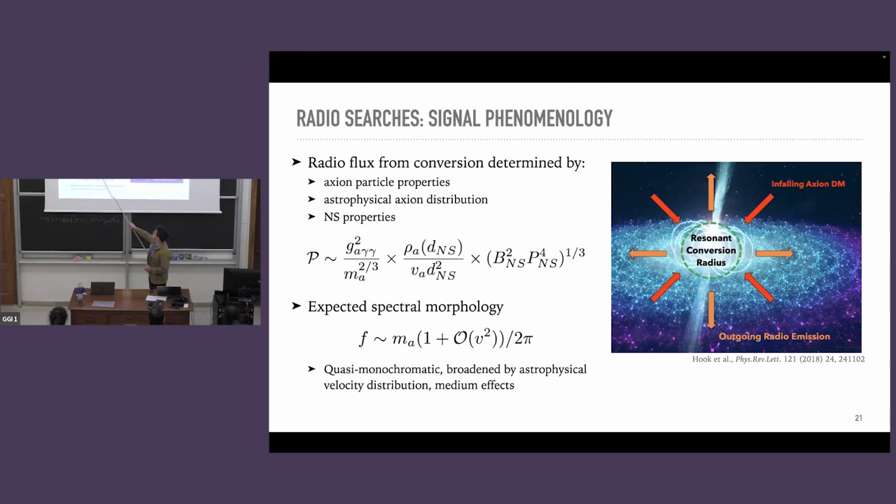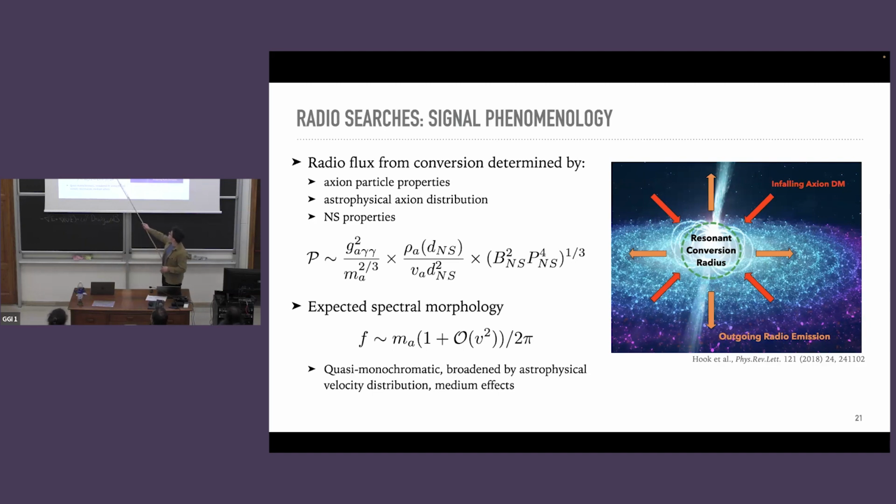I also have some dependence on the astrophysical environment in which this is happening. So of course, I want to convert axion dark matter, and so I'm going to do better at producing power if I'm doing that conversion in a location that is more dense in dark matter. It's also helpful to have that neutron star closer so we get more power from it. And then, very roughly, we could extract the scaling dependence of the conversion power on the neutron star's magnetic field strength and the period of that rotating neutron star.